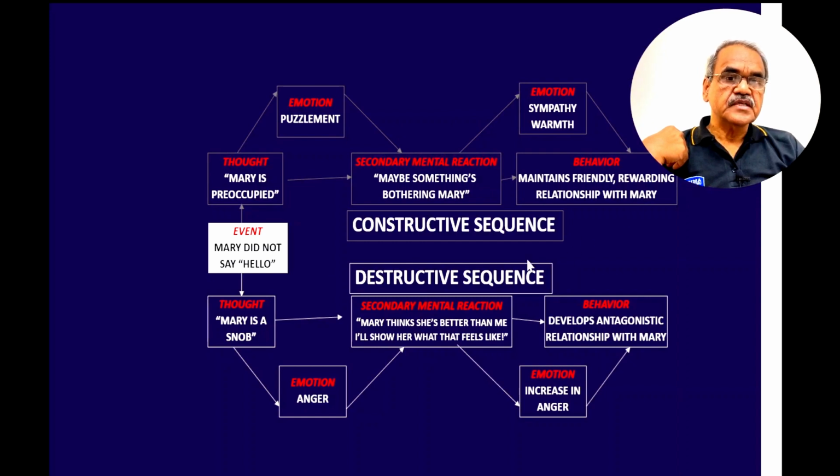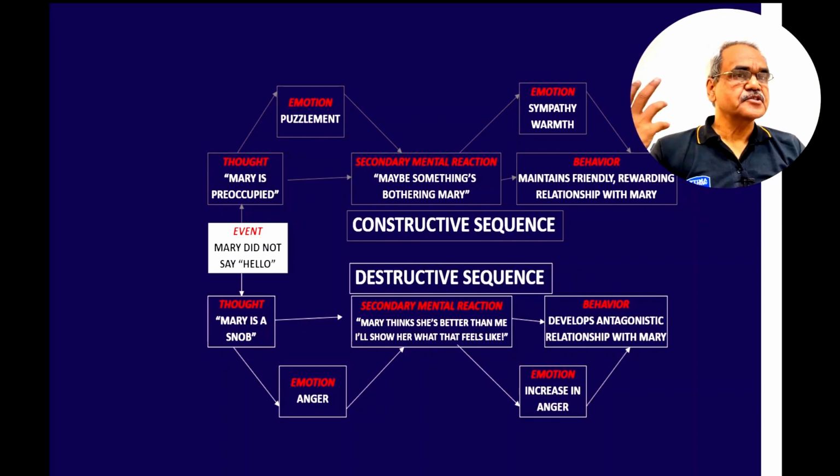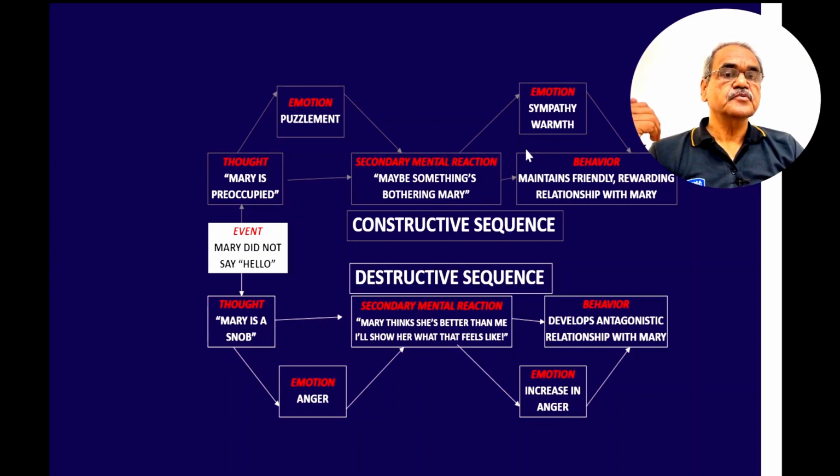So if that self realization is there that there is a need to change this destructive sequence to constructive and you address it at thought level. दिमाग में आया, यार क्या समझती है, no check, she is a good girl, she has been friends with me for so long, so what if she has not said it, maybe something is wrong. And then if you change the direction to this is what is going to be the sequence, and if you are following this direction then you are showing better EI.